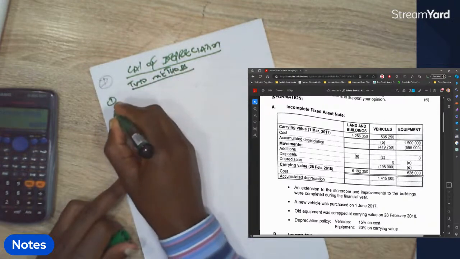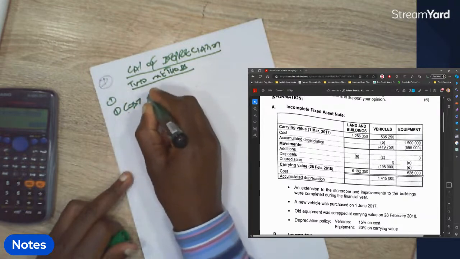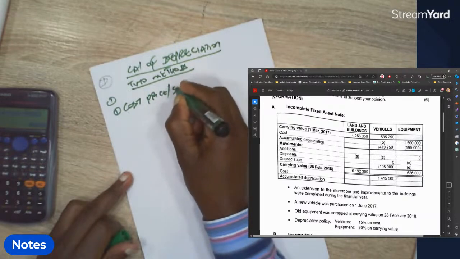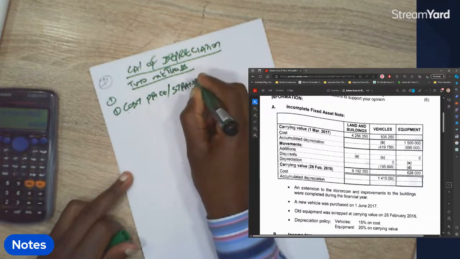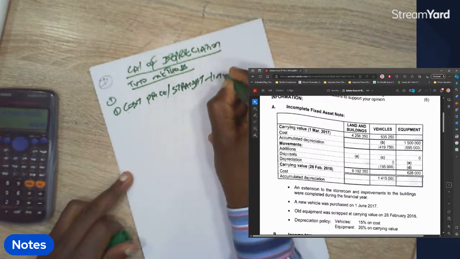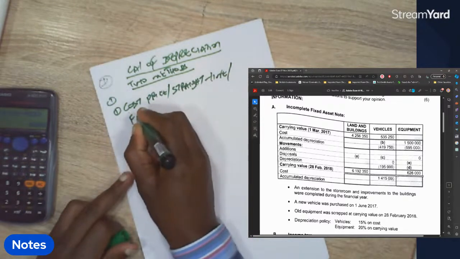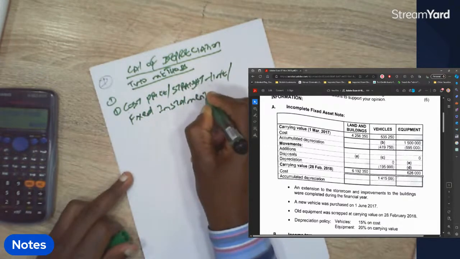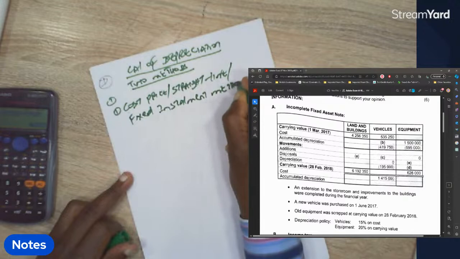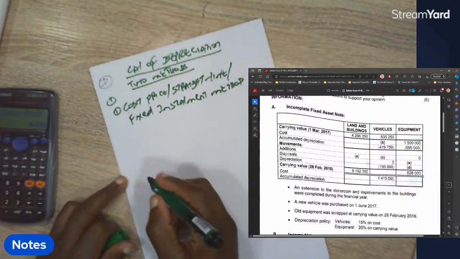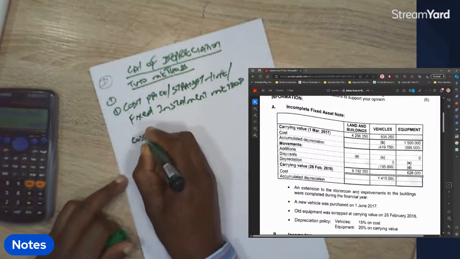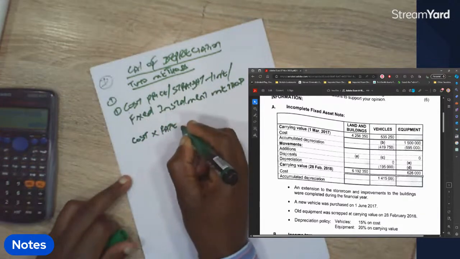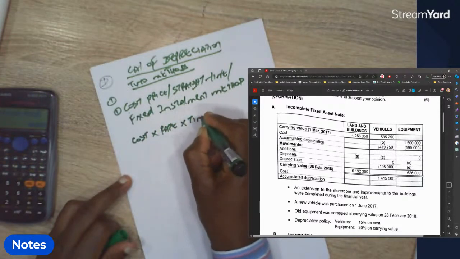Two methods. The first one we call cost price, or we call it straight line, or we call it fixed installment method, right? So here you are saying cost price times a rate, a percentage, times time.